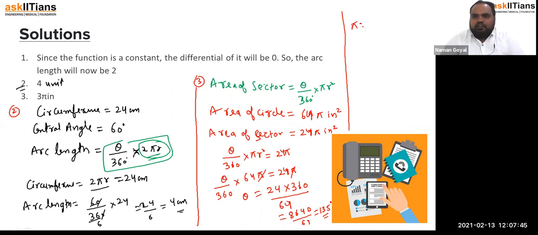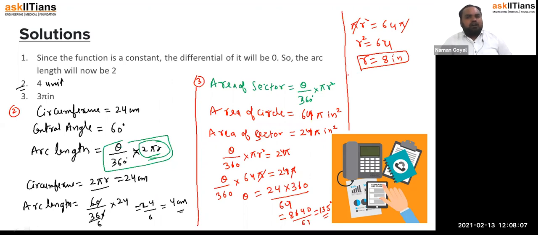Pi r square is given as 64 pi, so pi cancels out, r square is 64, so the value of r is 8 inches.